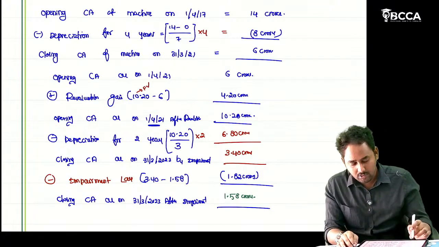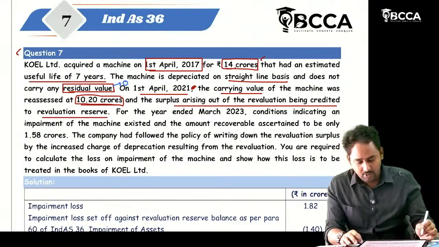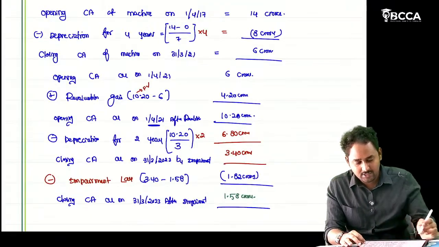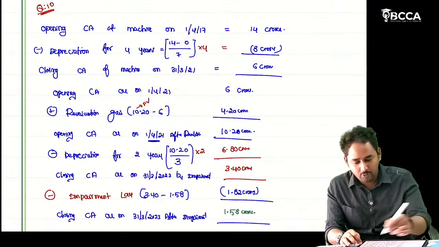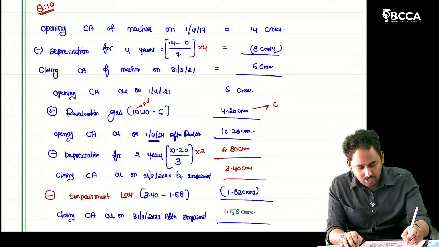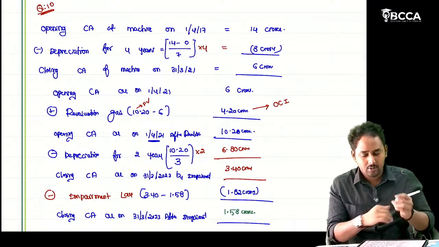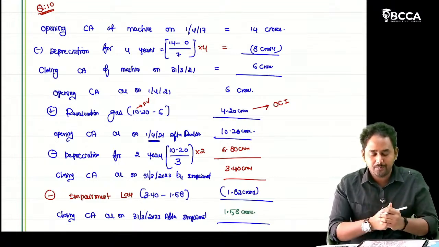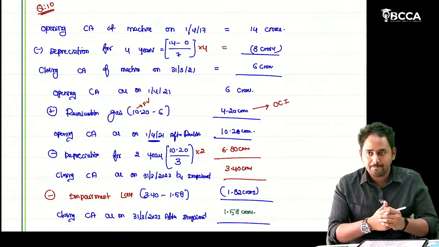Then let's see what happened. So this 10.20 crores, let's see what is the revaluation gain. 4.20. This 4.20 should be transferred to OCI, because as per the information given in the question, there is no previous impairment loss.